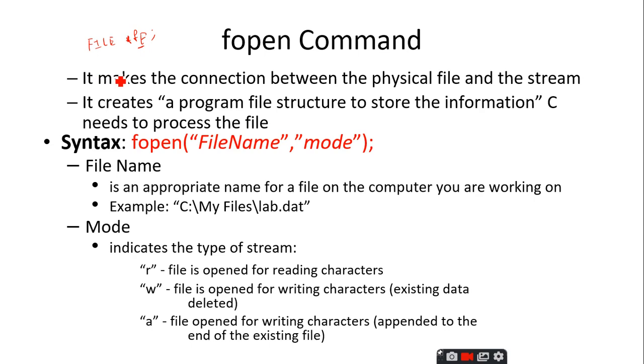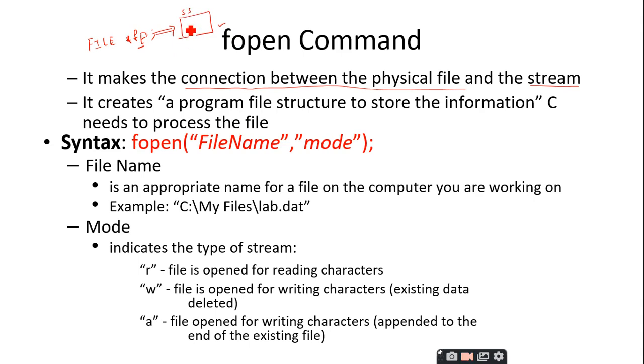So fopen is used to connect the physical file and the stream. This is very important. Whatever you have created in the first step, that is the pointer to the file or the stream, now in the second step, by making use of this fopen function, you are going to link this stream with the physical file that is present in the secondary storage.